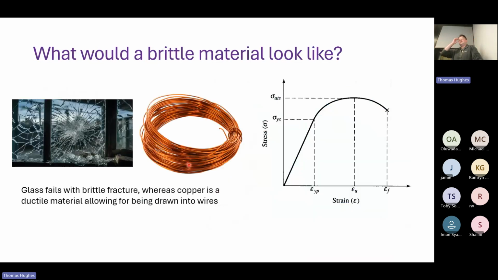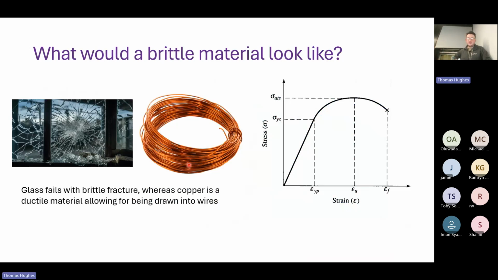So if we have this graph, what would a brittle material look like on this graph? Glass fails, like it's brittle failure, so it'll smash. So what would a brittle material look like if we drew another line on this curve? Any ideas? Exactly that.